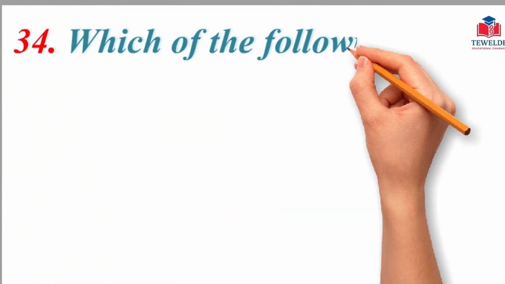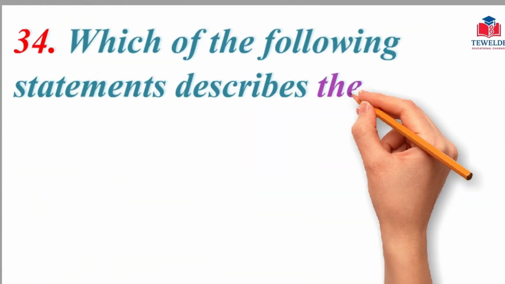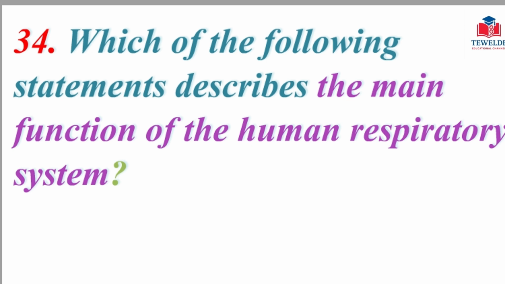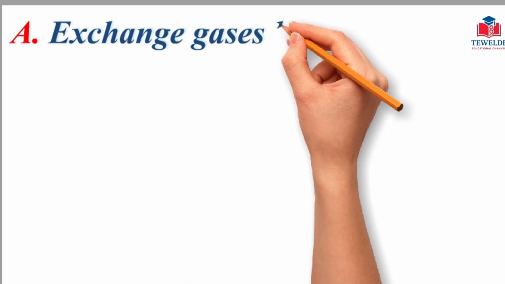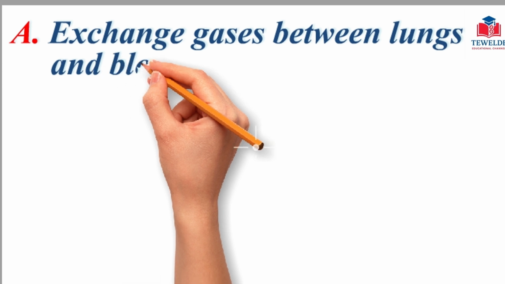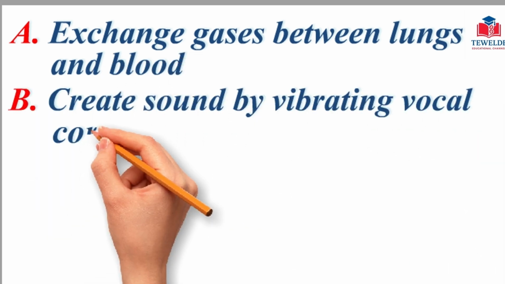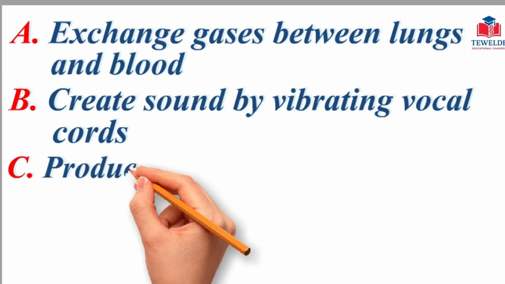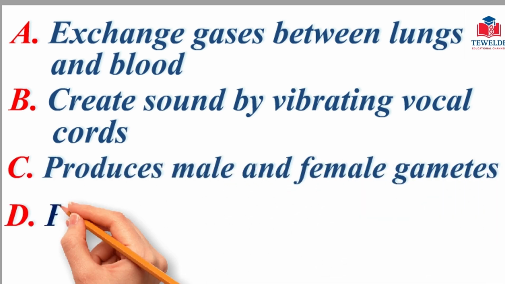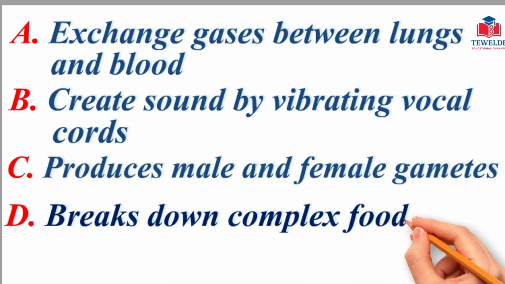Question number 34. Which of the following statements describes the main function of the human respiratory system? A. Exchange gases between lungs and blood. B. Create sound by vibrating vocal cords. C. Produces male and female gametes. D. Breaks down complex food molecules.